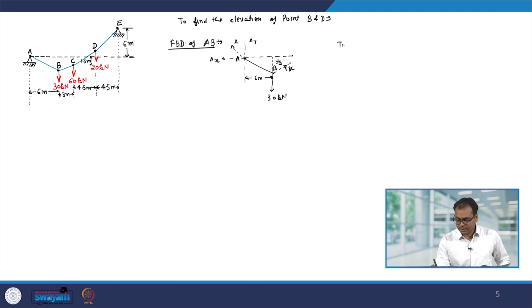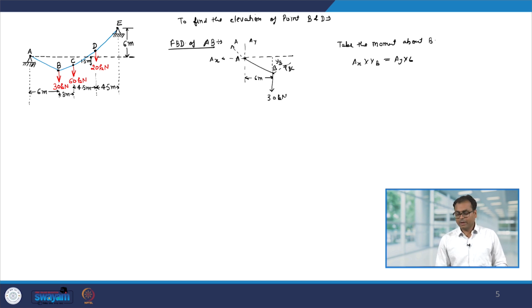Now, we have to find out what is YB. For that, let us take the moment about B. If you take the moment about B, then the 30 kilonewton force and TBC will not contribute. So, I will have AX into YB equal to AY into 6.